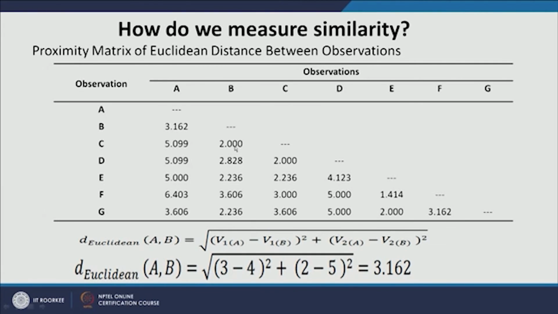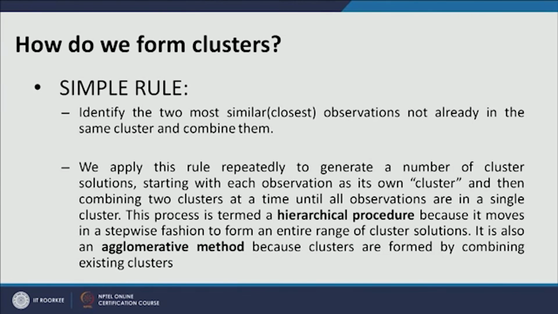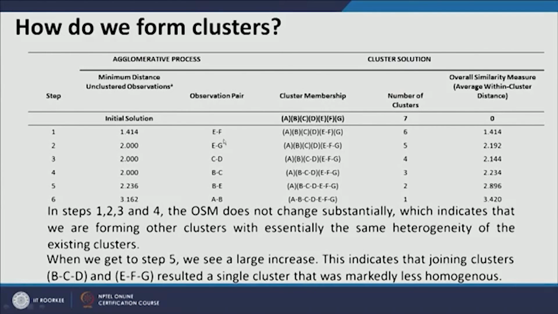Now you can take the closest one. In this case, E and F for the first pair, then for the second pair we took E and G, because E was already there and we found the closest to E. Then C and D, and finally we started doing each.